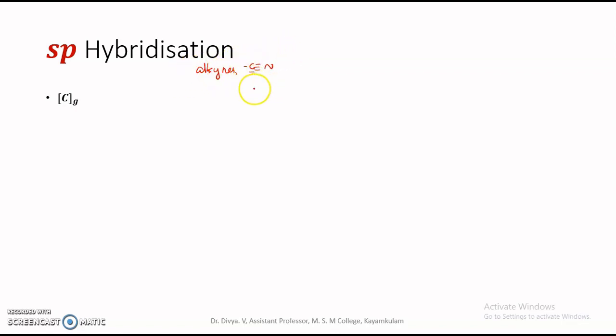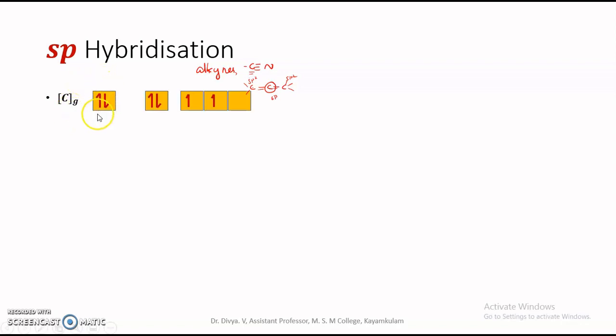See, this is the allene molecule. Here this carbon atom is sp hybridized, but these two carbon atoms are in sp2 hybridization. Okay, so now let's see the electronic configuration of this carbon atom.